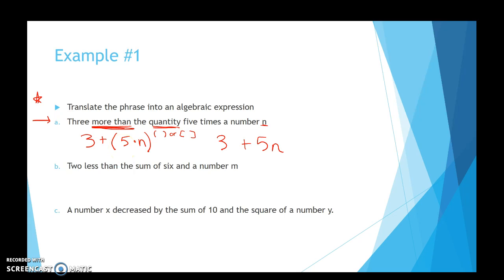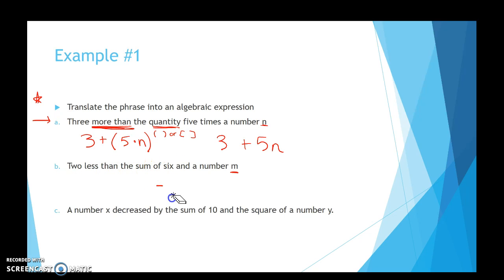Next situation here, it says 2 less than the sum of 6 and a number m. So m's our variable. Notice we're working with subtraction. It says 2 less than the sum. Well, this is similar to what we saw in the previous slide. So 2 less than, so that would be minus 2.